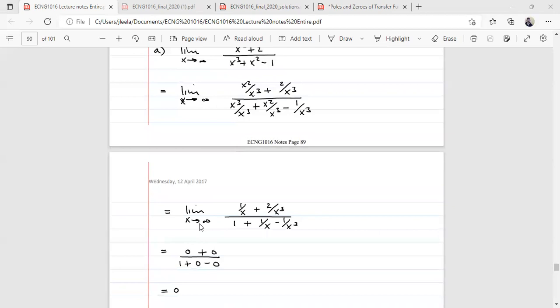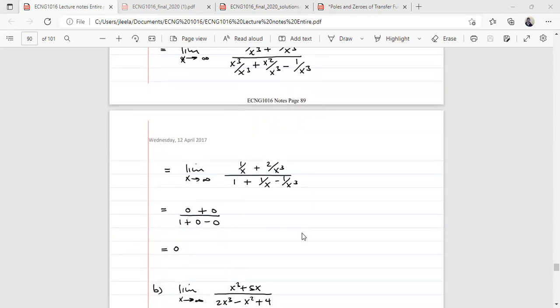And if you take the limit now as x approaches infinity, x is getting bigger and bigger, so each fraction will get smaller and smaller until it approaches 0. The same will happen with the other term in the numerator and the two terms in the denominator after 1. So you'll get 0 plus 0 over 1 plus 0 minus 0. So that is just 0 over 1, which is 0.